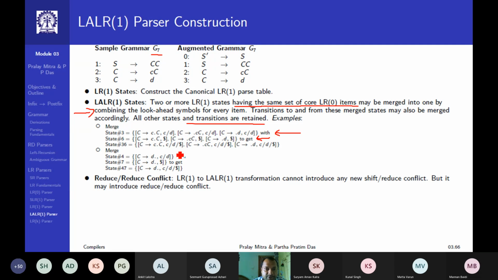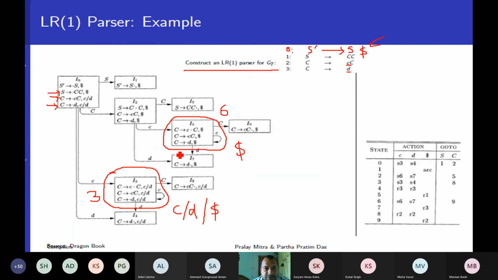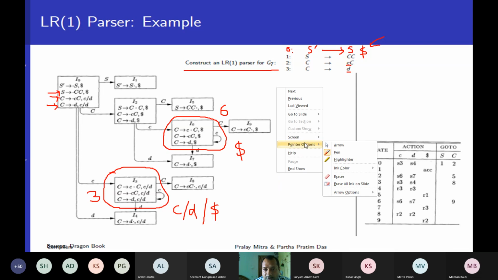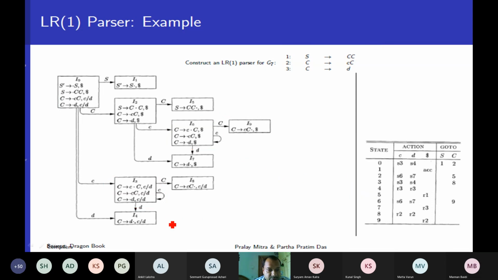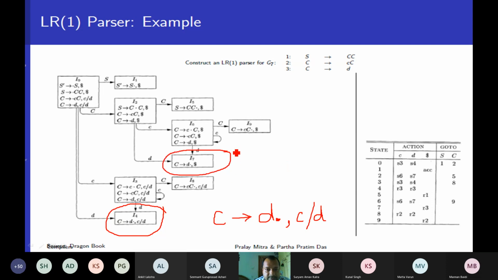Again, for state 4 and 7, if I go to the previous slide. Where is state 4? This is my state 4. So here it is C derives D dot, and my lookahead is C or D. And 7 is what? Here is my 7. This is my 7, and this is my 4. So it says C derives D dot and lookahead is dollar.